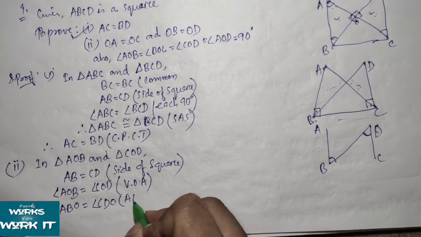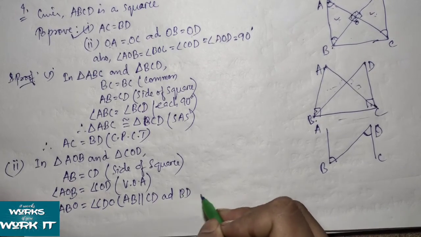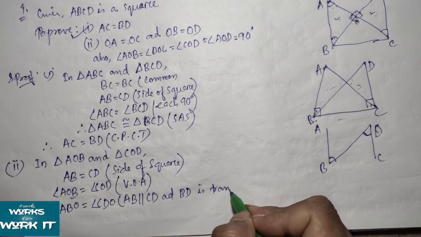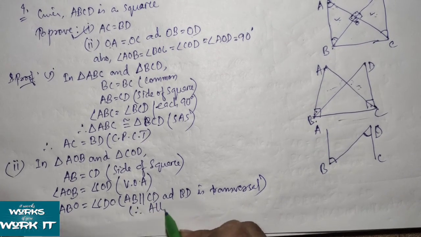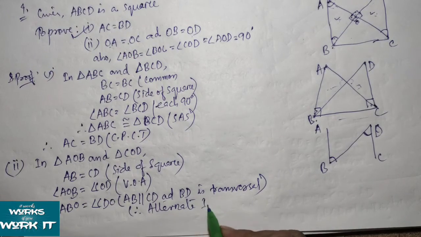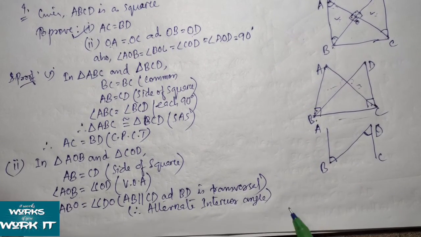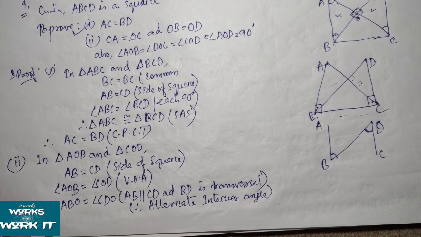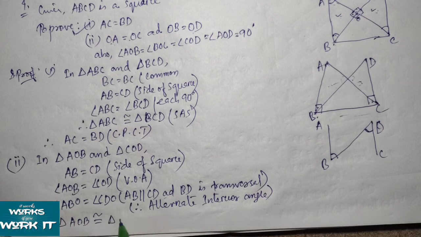Because AB is parallel to CD and BD is a transversal, so therefore they will be alternate interior angles. Finish. Now therefore triangle AOB will be congruent to triangle COD.